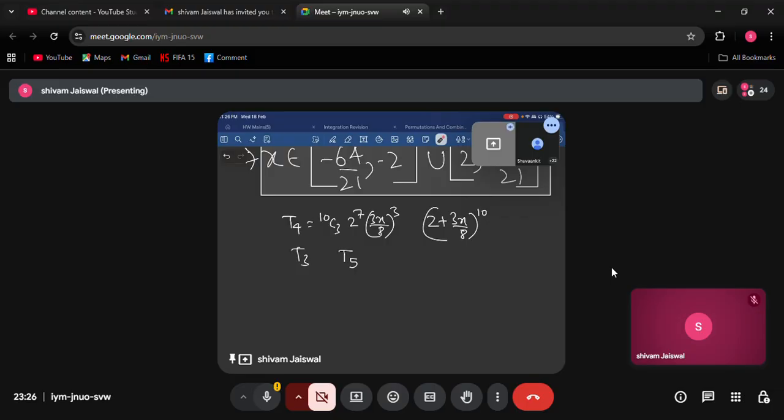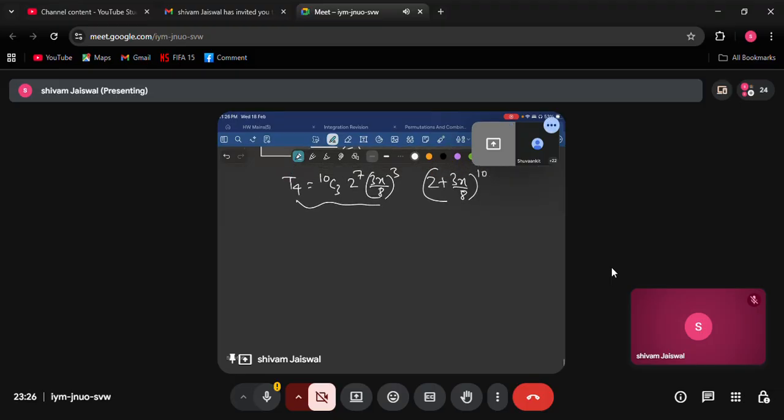Tell me. See, in T4, this is actually a cubic. Can you understand? Yes, sir. Okay, what will be the graph of the cubic? Can you tell me what is the graph of this cubic? Tell me. Actually, wait, I'll make it clear to you.